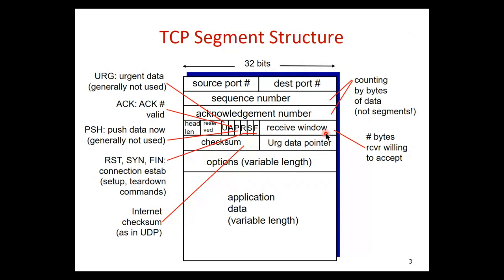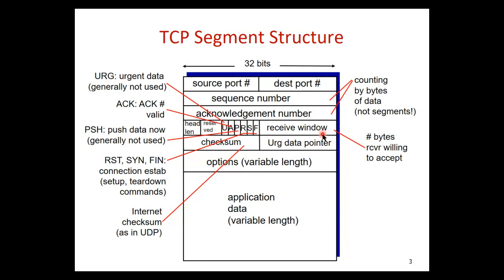So this RWND may be a constraining factor, and in order to overcome that, they have defined what is called a window scaling option. This is the name of a TCP option where the value put here by the receiver is not the actual value of the window, but to get the actual value, it has to be multiplied by a scaling factor.